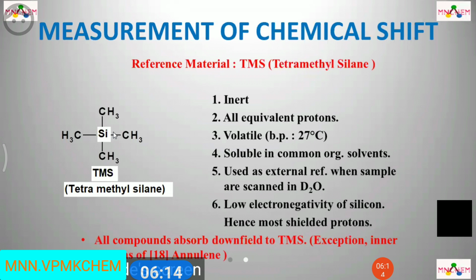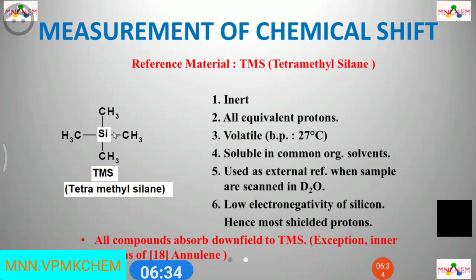Now, why is this used as an internal reference? Because of a few characteristic properties of TMS. First and most important, it is inert. It doesn't react with the organic compounds or molecules or the solvents here.